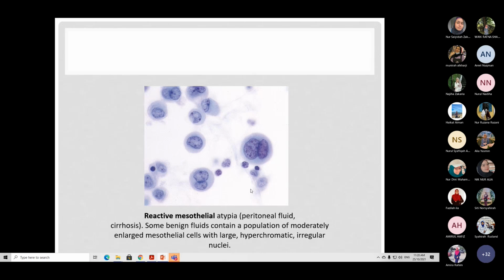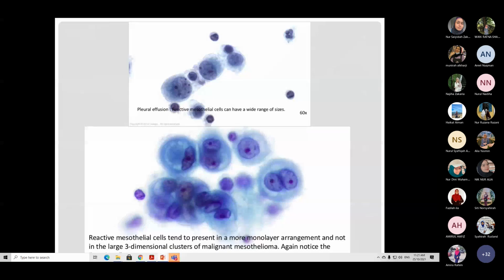Okay, here is another example picture of reactive mesothelial cells. This one is from peritoneal fluid. Another example from pleural fluid, pleural effusions.